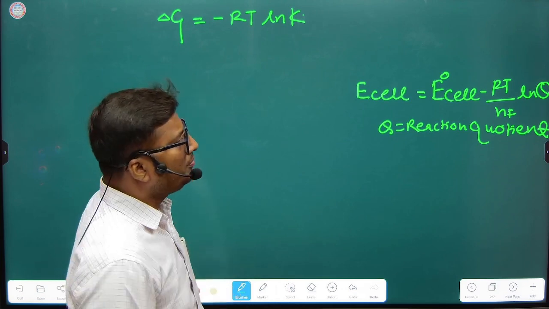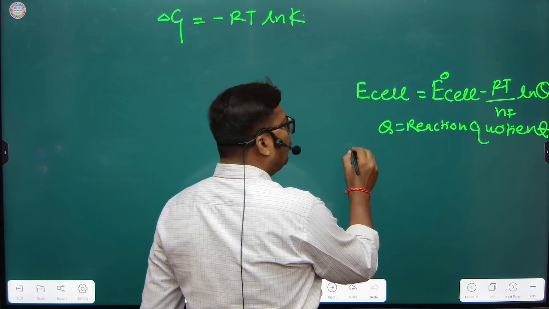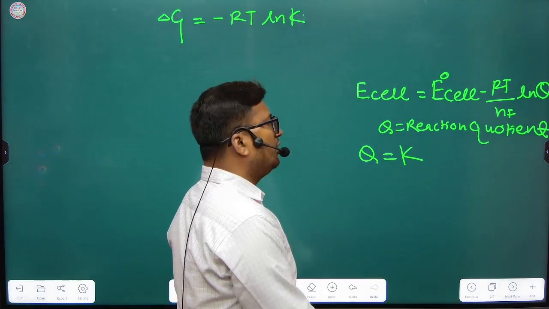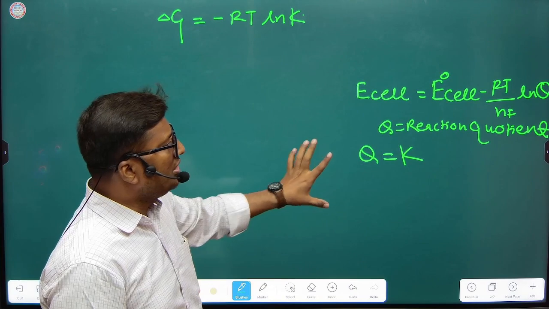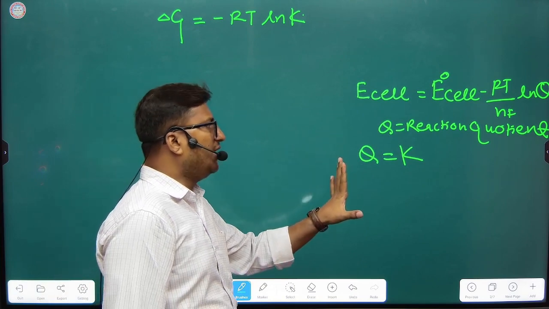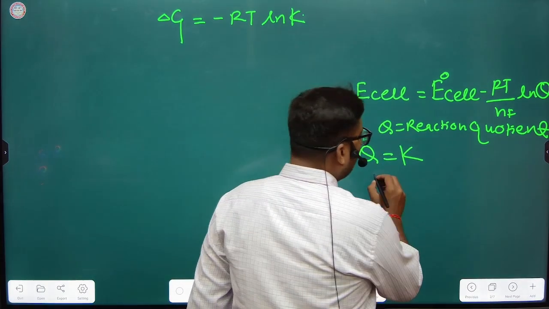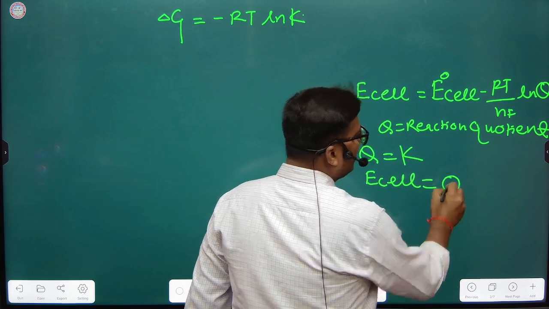So what happens if Q is replaced by K? It means if the reaction quotient approaches the equilibrium state, then it becomes the equilibrium constant K. At this state, E cell will be 0.